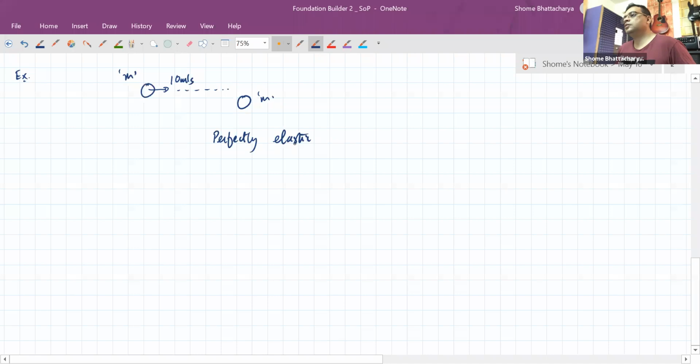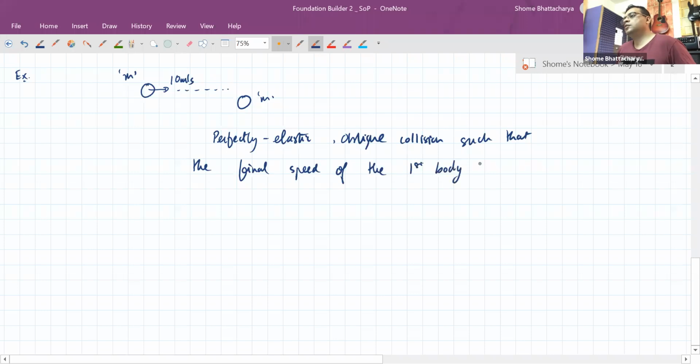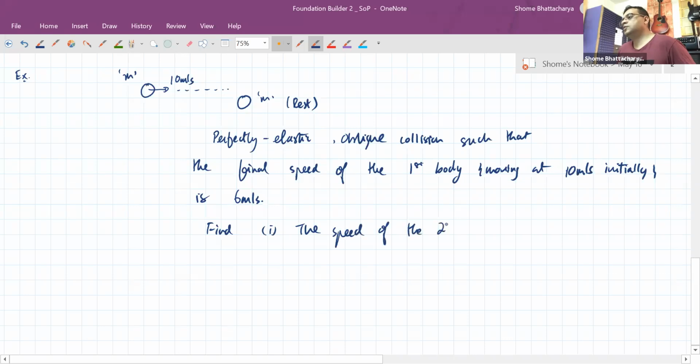Sorry, not head-on, but oblique, such that the final speed of the first body, which was moving at 10 meters per second initially, is 6 meters per second. So find the speed of the second body.